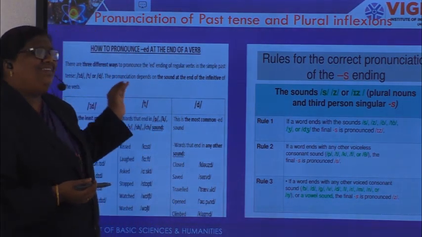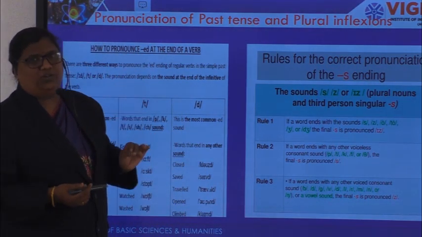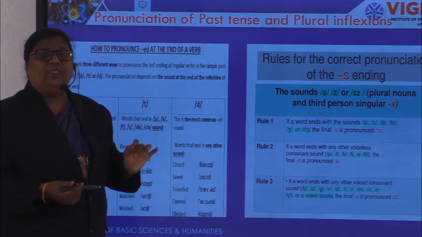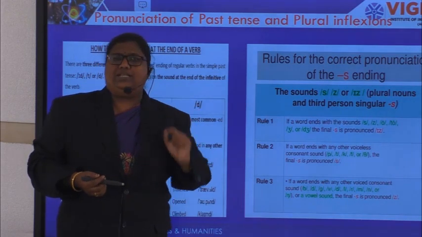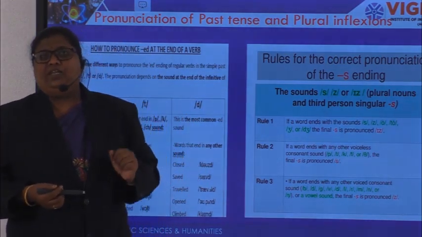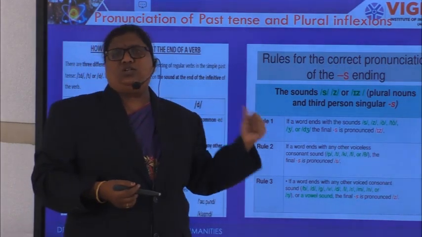When you are adding these inflections after the verb or after the noun, you need to pronounce exactly how you are supposed to pronounce. There are particular rules for that. Now I am going to tell you which rules are those.